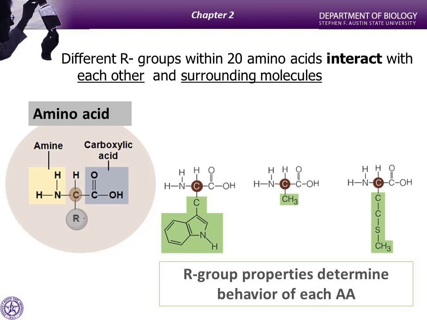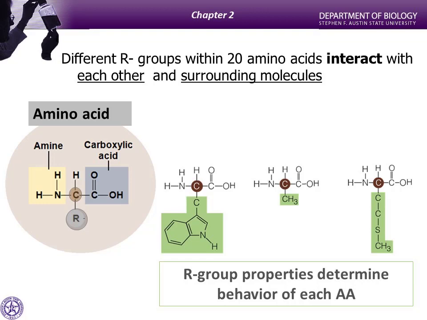But the last bond of that carbon in an amino acid is referred to as the R group. I wish they had made it the V group, because the R group stands for the variable part. Each of your 20 amino acids is going to differ in that R group. The simplest R group is going to be glycine. It has a hydrogen.